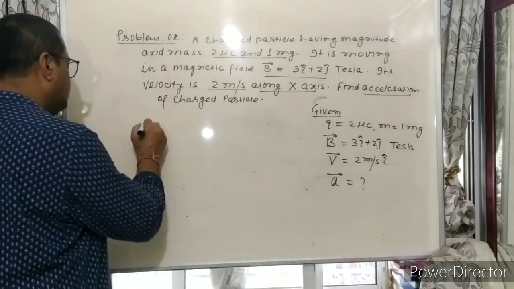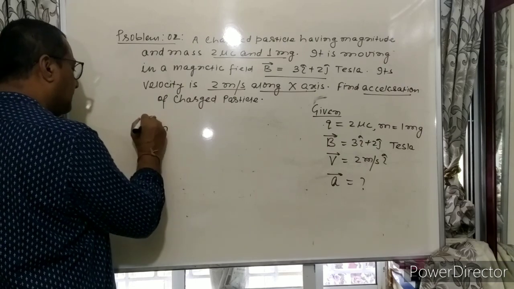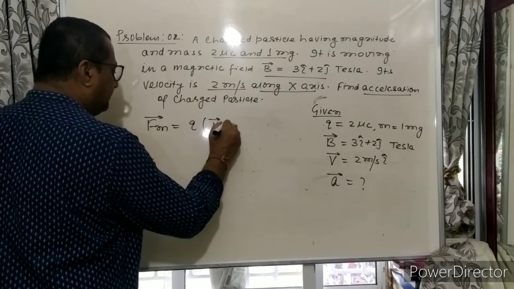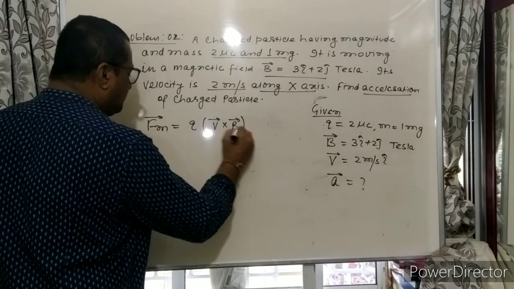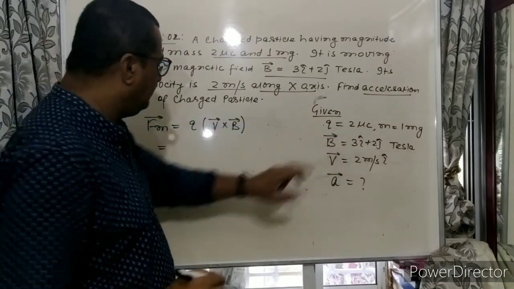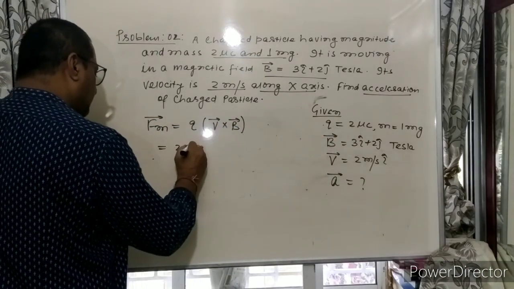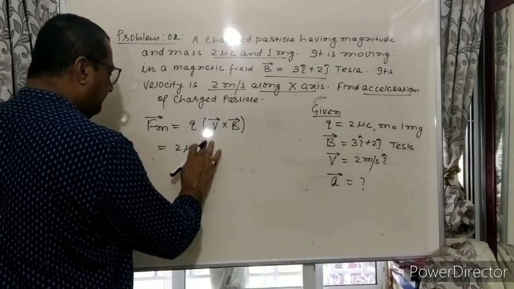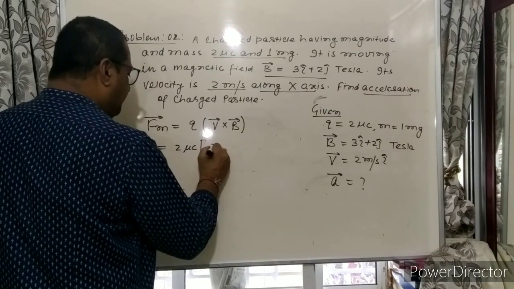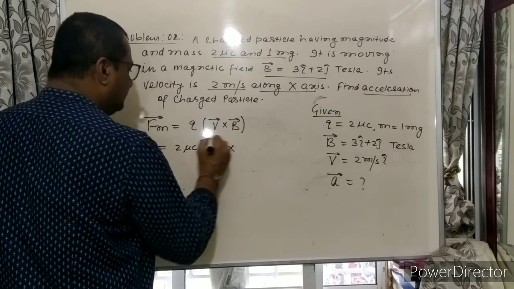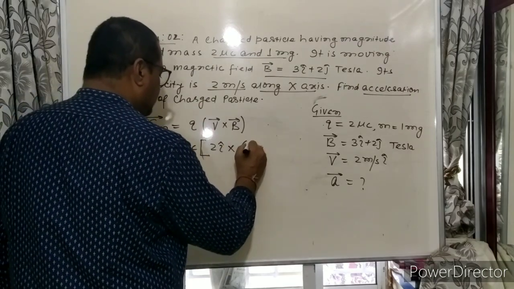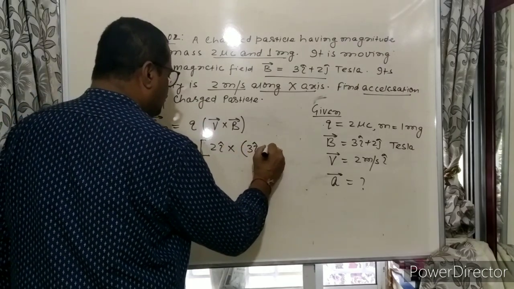So magnetic Lorentz force is Q V cross B, where Q equal to 2 microcoulomb, V is 2 I cap, cross B, 3I plus 2J.